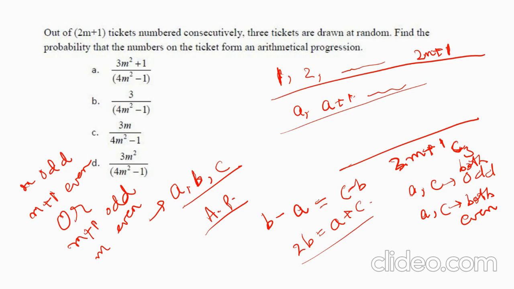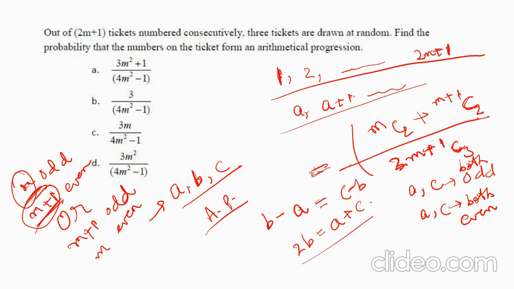And if you start from 2, then you will end up having m plus 1 even terms and m odd terms. So in any case, A and C both come from odd, or A and C both come from even. So we are choosing two numbers from odd or two numbers from even. If we choose this, or if we choose this, then it will satisfy the condition of arithmetic progression. So now you can solve this value.